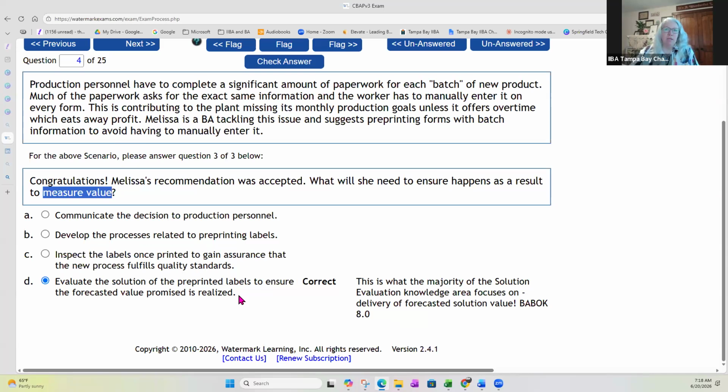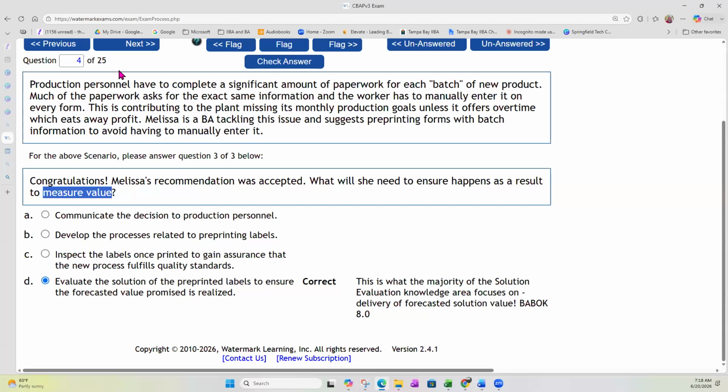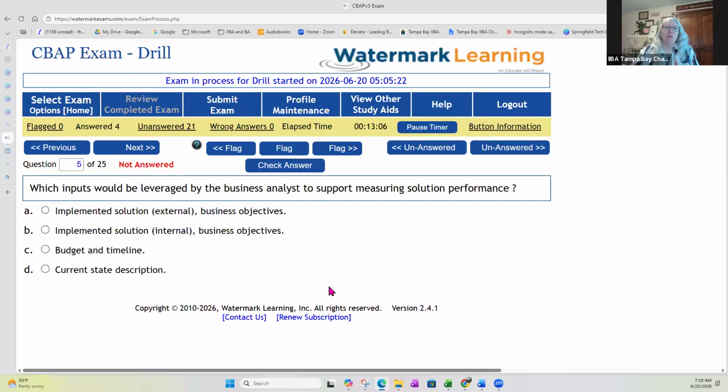She's going to have to evaluate the forecasted value as promises realized. She's literally going to do a study: we've changed our process, did we actually reduce the number of errors by 3%? Thus, does it really save us $23,000? You understand why this is the best answer now? Yeah. Okay, let's move forward.